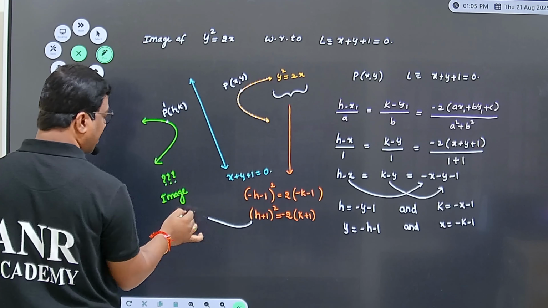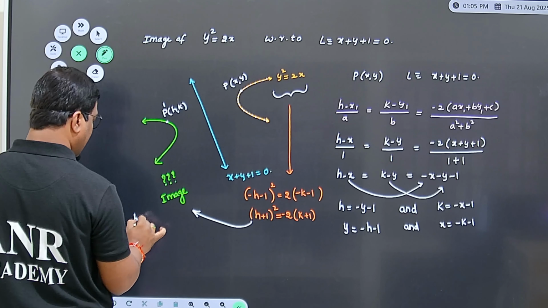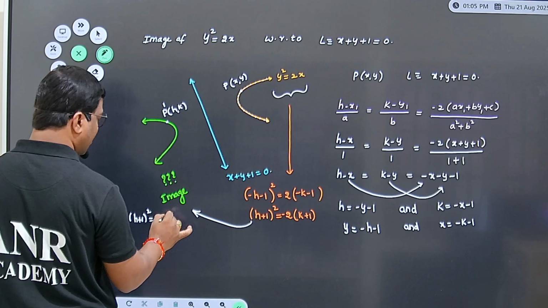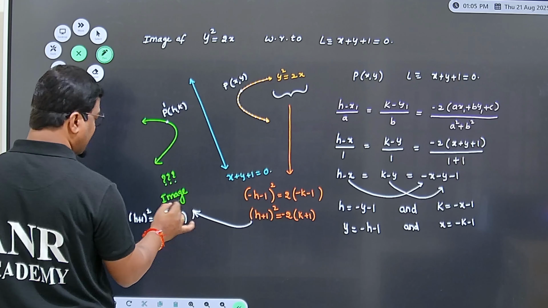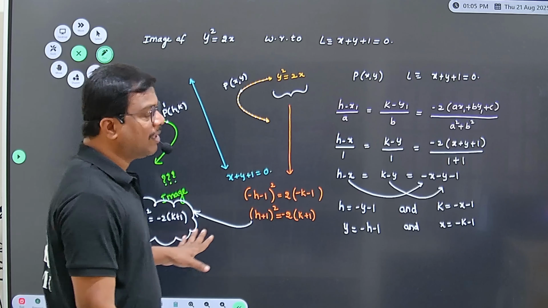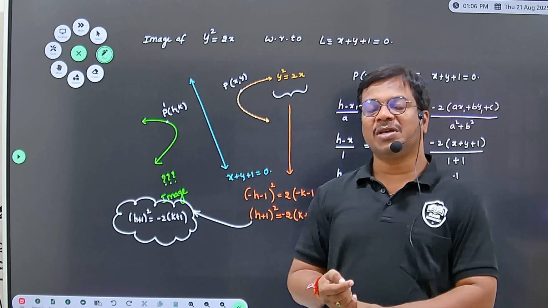So I can write here, image curve: h plus 1 whole square equal to minus 2 of k plus 1. This is your answer. So in this way we can find the image of a given curve with respect to a given line.